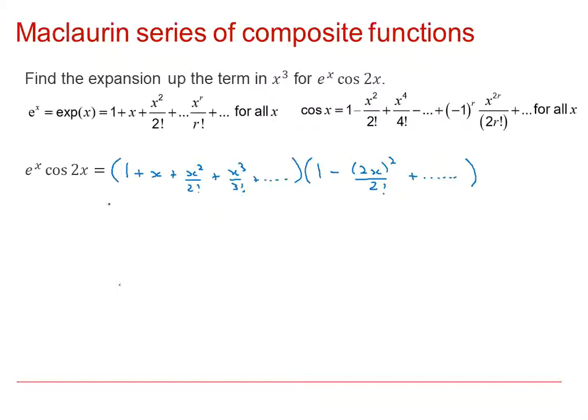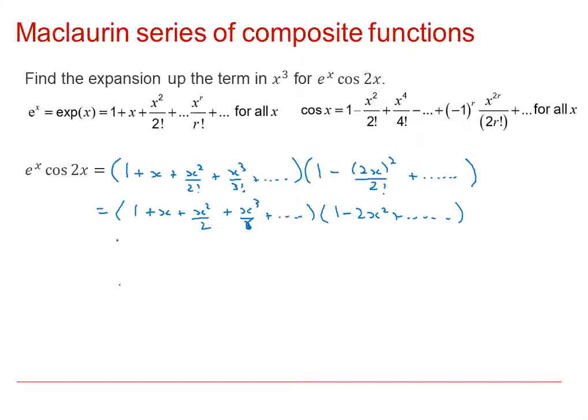So tidying up each of these Maclaurin series, we get 1 plus x plus x squared over 2 plus x cubed over 6, and for this one we get 1 minus 2x squared.